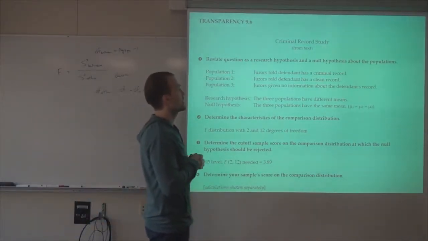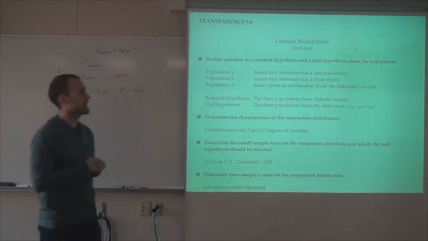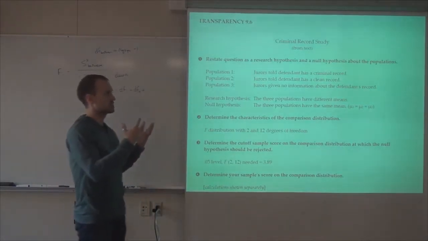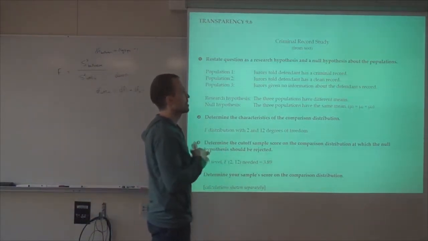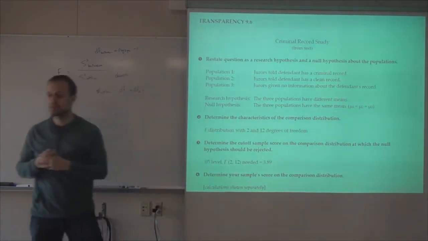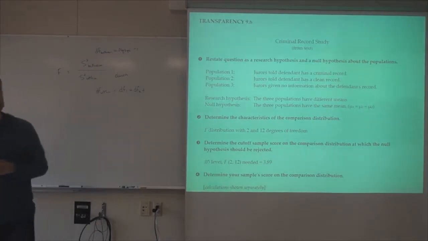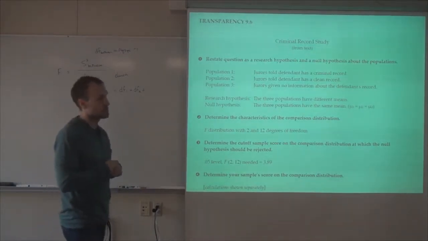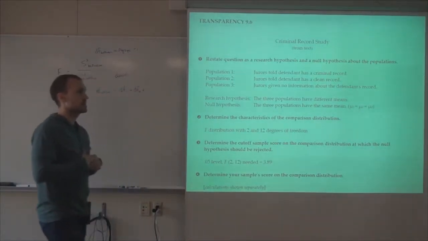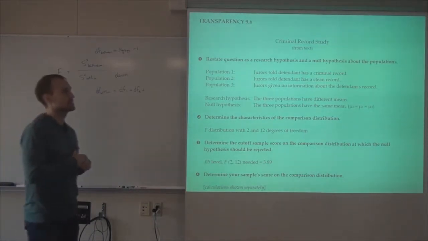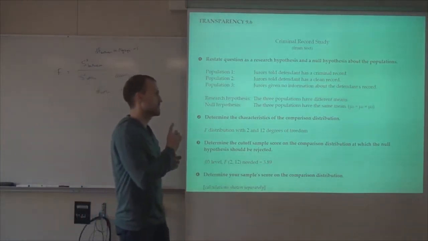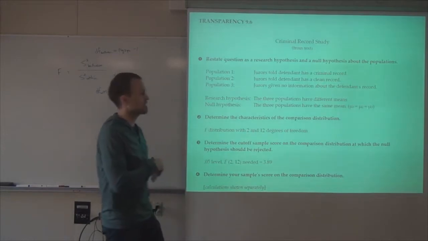So in this example, we have 3 groups, and each group is given different information about the defendant. Group 1 is told that the defendant has a criminal record. Group 2 that the defendant has a clean record.